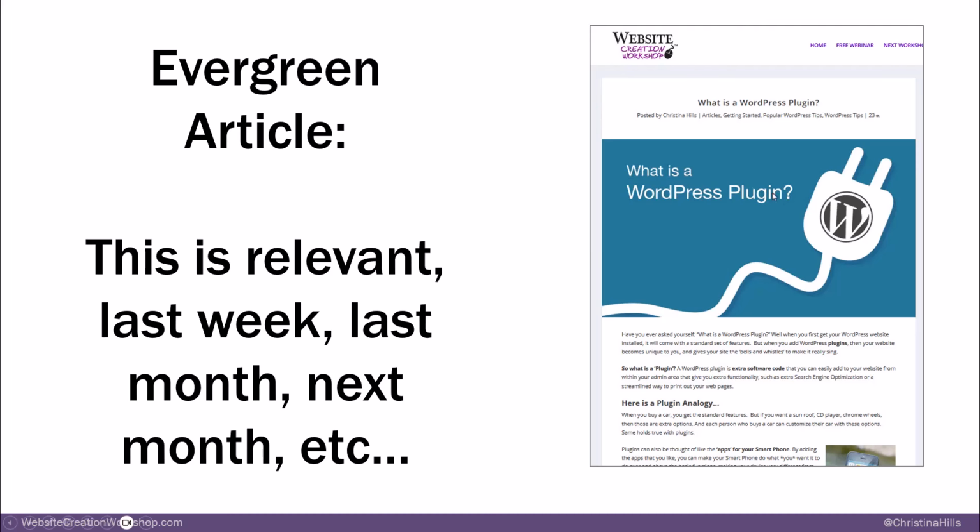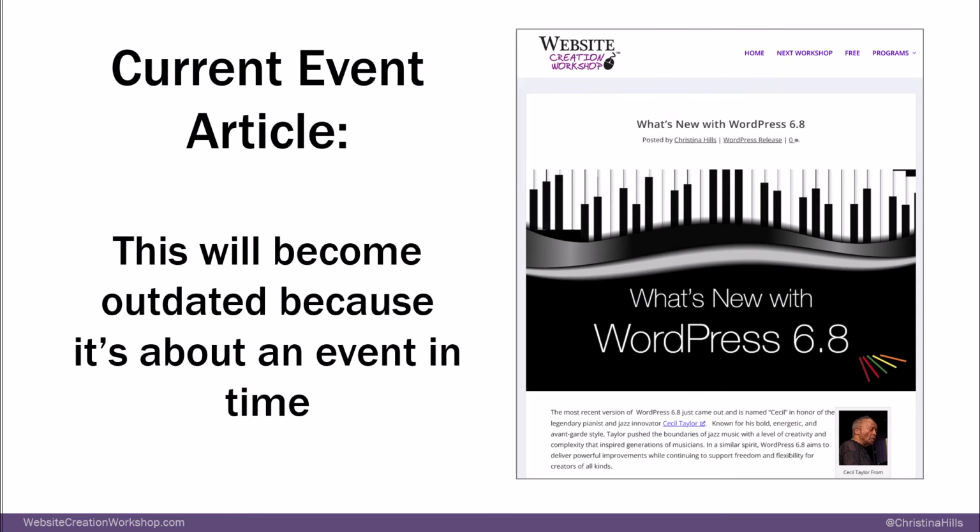But here's an article on what is a WordPress plugin, right? Because I teach WordPress, I've got an article to explain what a plugin is, because not everybody who's getting started building a website knows what a plugin is. Then I also have current event articles. A current event article will become outdated because it's about an event in time. Like I mentioned, the Super Bowl or the Academy Awards is an event in time.